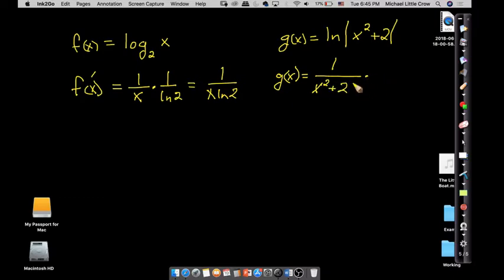Then the chain rule says that, along with the derivative of the outside function, the natural log, we also have to take the derivative of the inside function. And what's the inside function? X squared plus 2. The derivative of the inside function is 2x. Good. So 2 comes down, plus 2, that's a 0. So it's just 2x is our derivative.